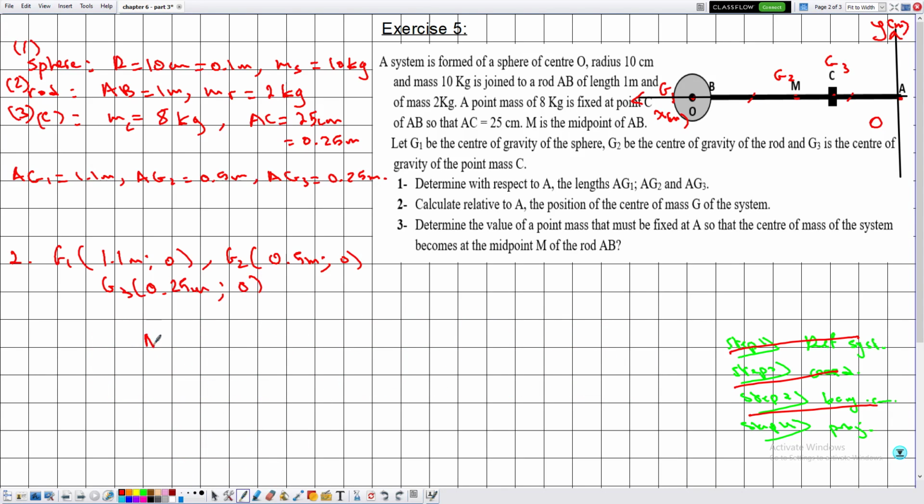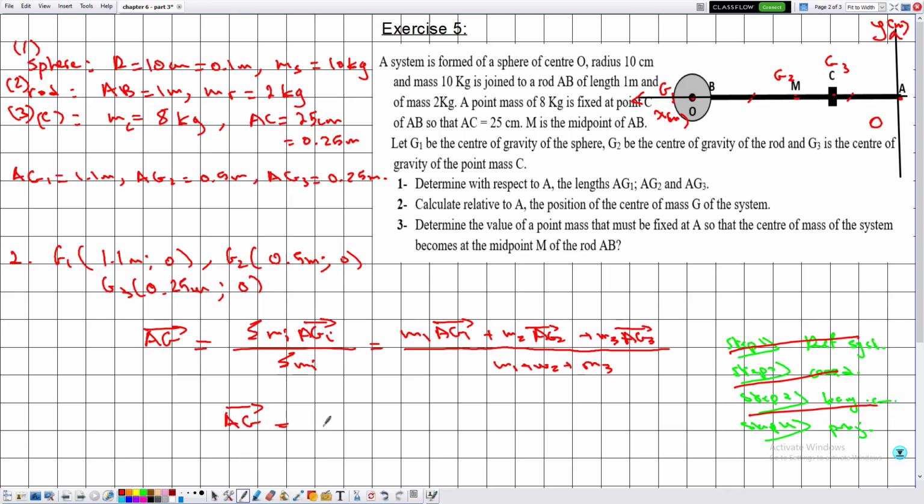Then the AG vector is equal to M1 AG1 plus M2 AG2 plus M3 AG3 divided by M1 plus M2 plus M3.